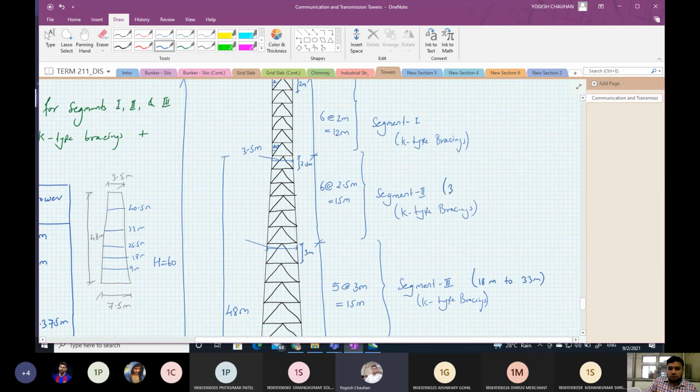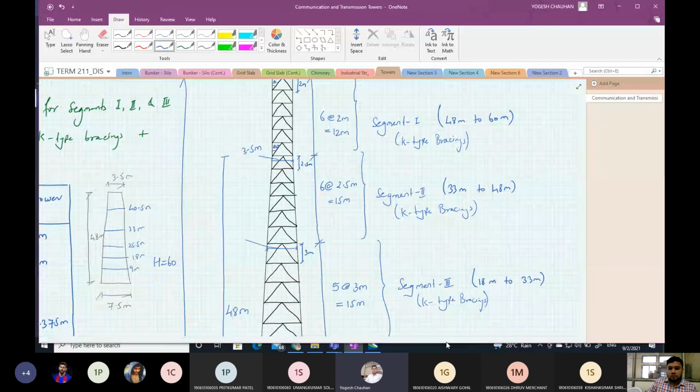The third is ranging from 33 meter to 48 meter, and the fourth segment is ranging from 48 meter to 60 meter.